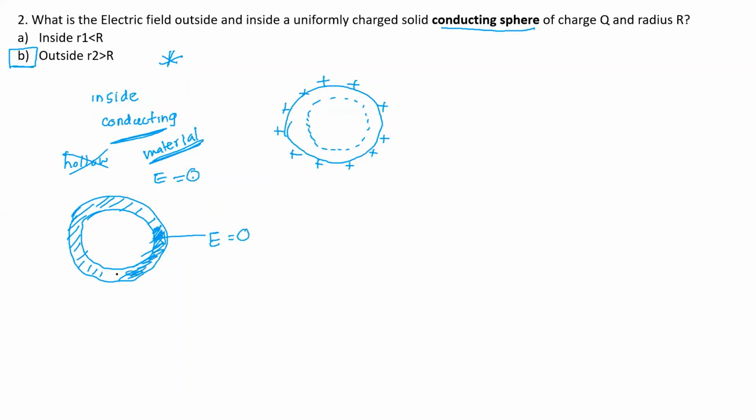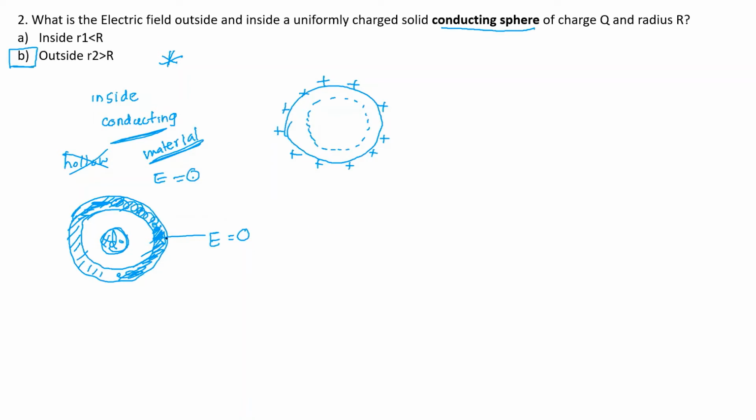But we don't know what's happening inside. There can be charges, there can be an electric field. It will depend on the problem. But we definitely know inside conducting material, where there is material, the electric field is zero.